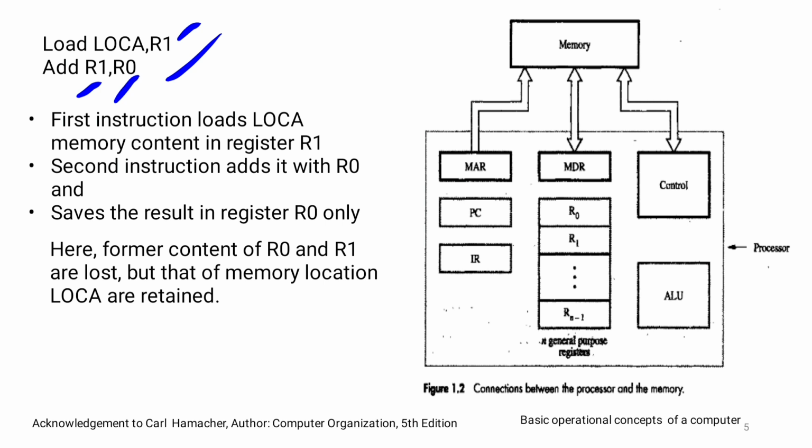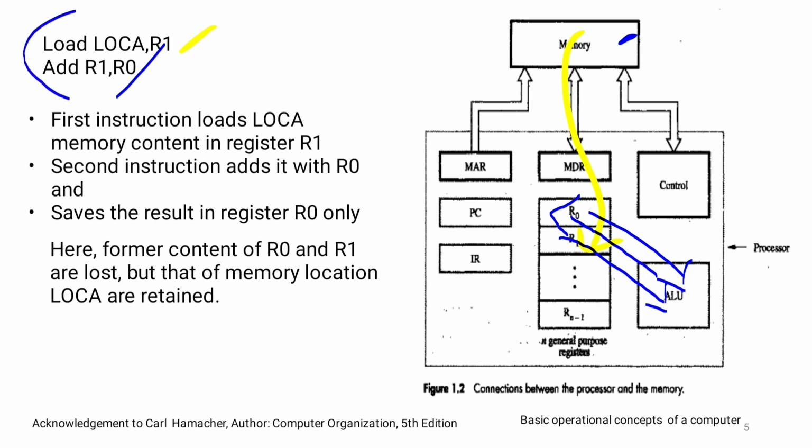So instead of giving memory content directly to the ALU, first it is loaded into R1. Then R1 is given to the ALU and R0, both are added and the result is kept back in R0. That is how with these two instructions the same task which was done by the single instruction Add LOCA, R0 is accomplished.